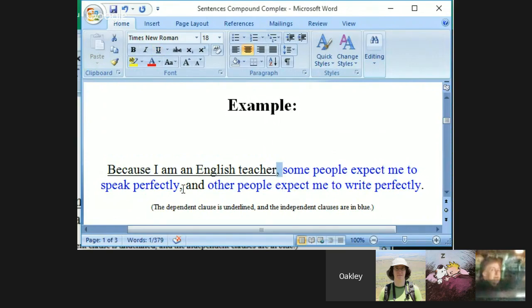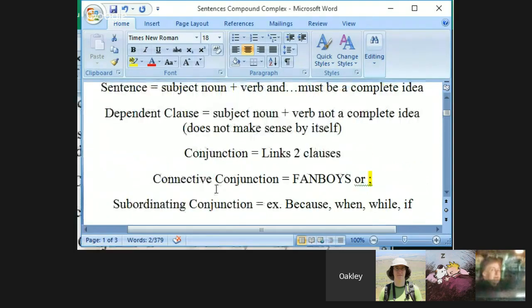In this case, our two independent clauses are in blue font. Notice the coordinating conjunction or connective conjunction. Actually, I should have said coordinating conjunction. Technically, but also connecting. I mean, either one is okay, actually.